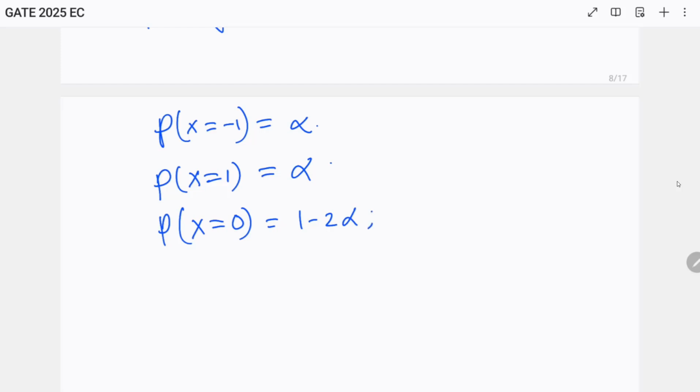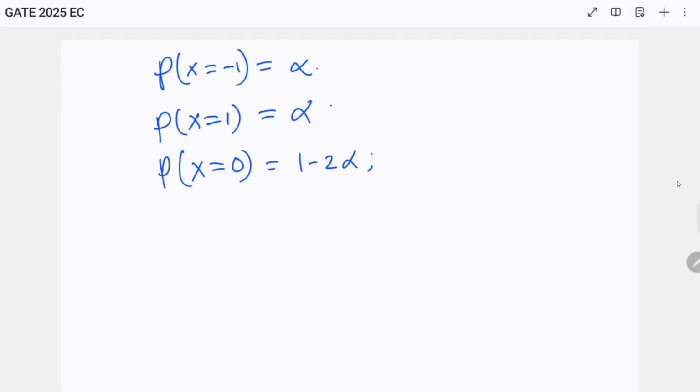So for maximum entropy we need to equate all these: 1 minus twice alpha equal to alpha, to find at what alpha value I will get maximum entropy. So 3 alpha is equal to 1, which implies alpha is equal to 1 by 3.